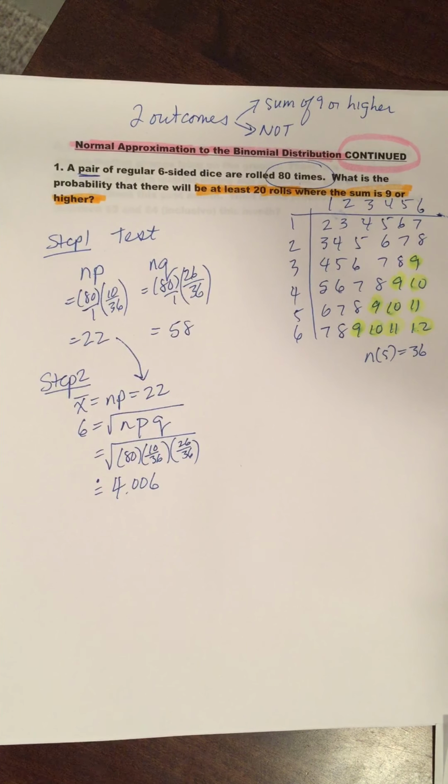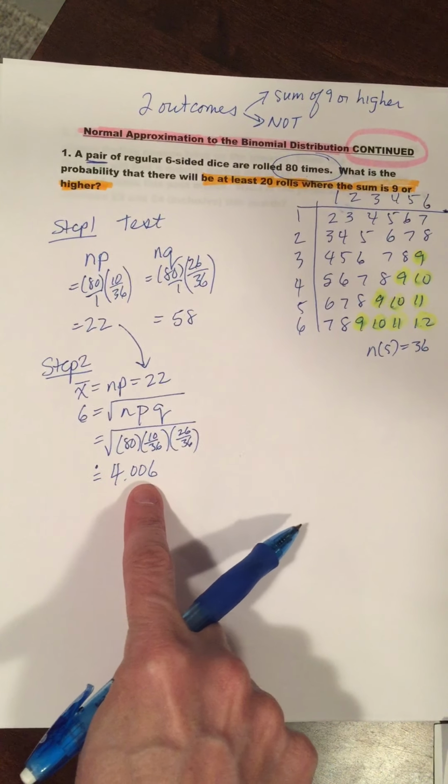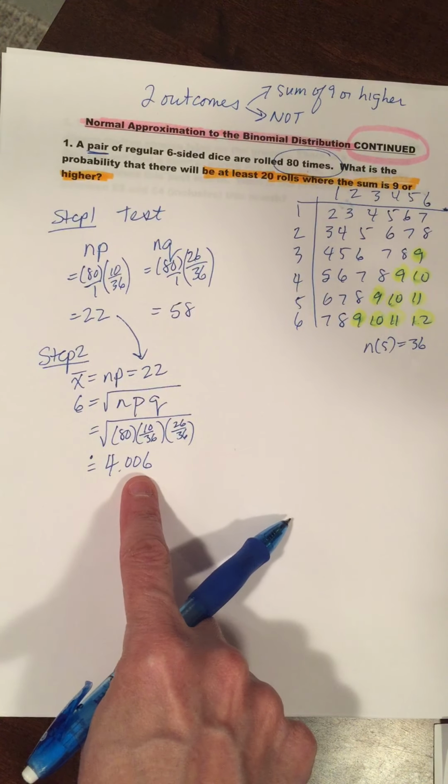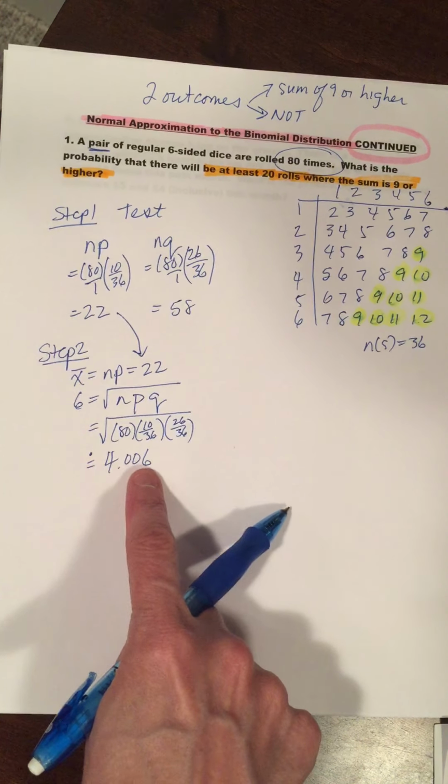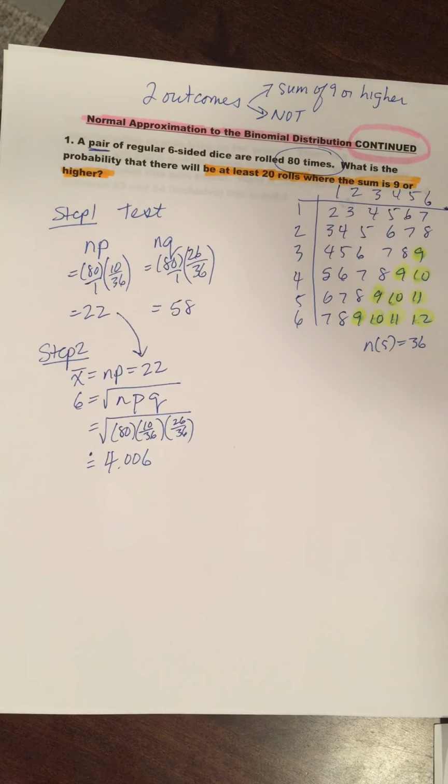Now, some of you might be asking, how do I know, Miss Martel, how many decimal places? I would probably stick to 2, but the only reason I kept 3 in this case is because it was 006. Okay?